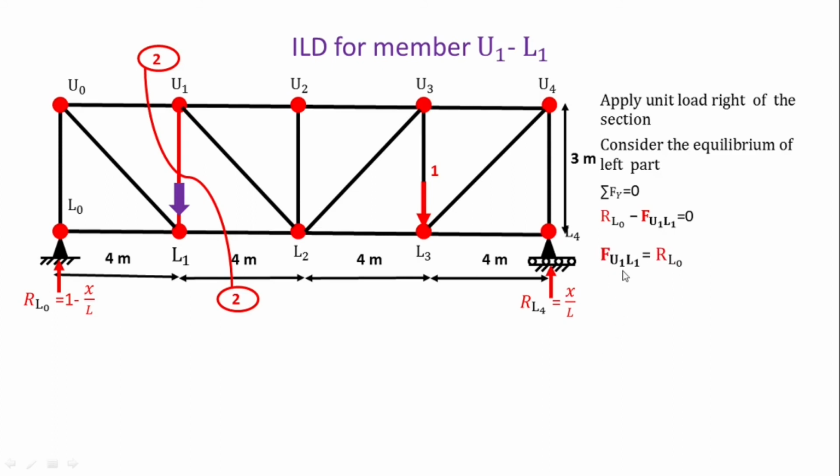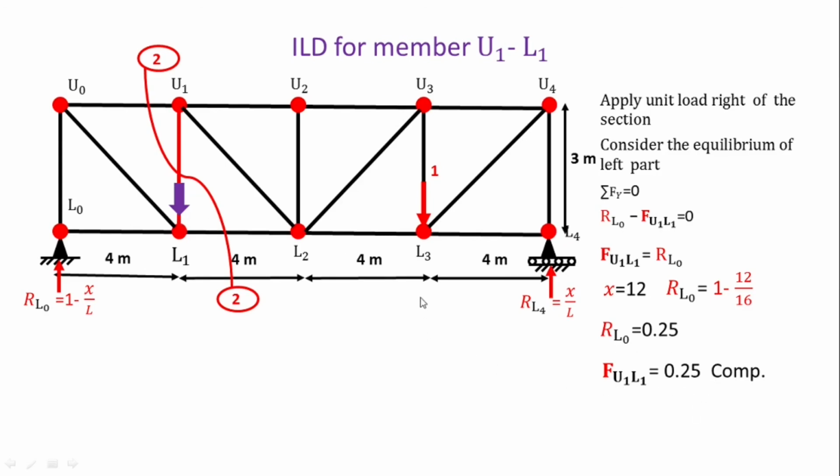So F_U1L1 is equal to R_L0. What is the value of R_L0 when x is equal to 12, 4 plus 4 plus 4? So R_L0 is equal to 1 minus 12 by 16. So R_L0 is equal to 0.25. So F_U1L1 is equal to 0.25. This is positive. It means the compression we assumed is correct.